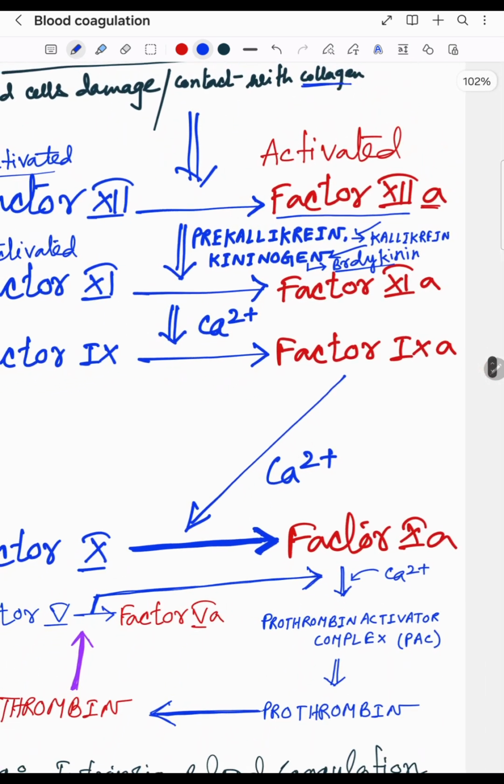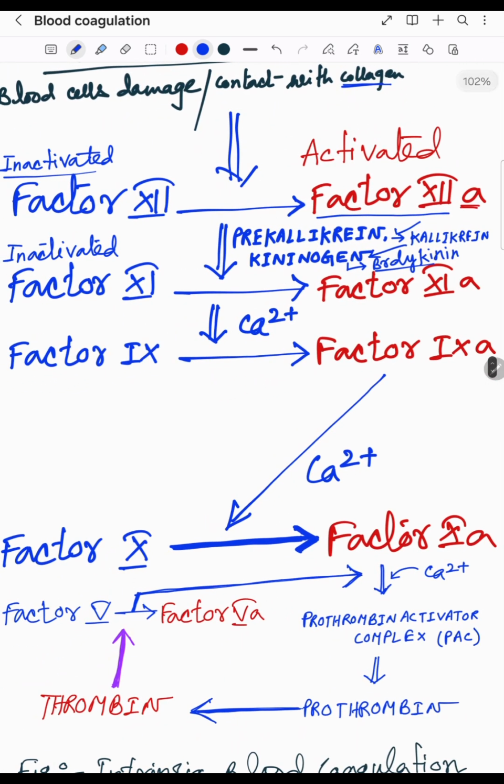Maybe after some time or in a separate video I will let you know the function of these molecules. But pre-kallikrein to kallikrein and kininogen, these molecules are also present at the blood vessel, and they help for the activation of factor 11A.